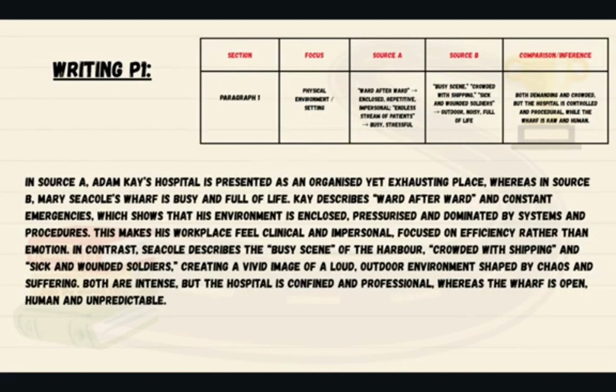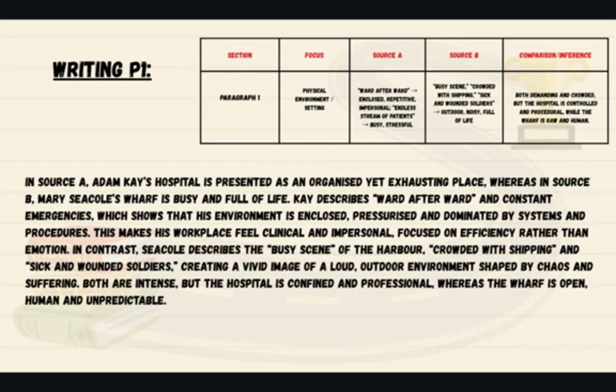The next paragraph is paragraph 1, where I've described the physical environment and setting of the places. So I've said, in source A, Adam K's hospital is presented as an organised yet exhausting place, whereas in source B, Mary Seacole's wharf is busy and full of life. K describes "ward after ward" and constant emergencies, which shows that his environment is enclosed, pressurised and dominated by systems and procedures.